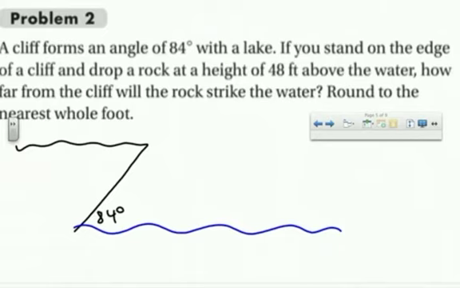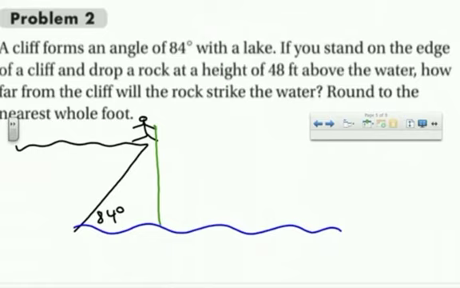And it says if I stand at the edge of the cliff, so here I am, standing at the edge of the cliff. Don't jump in the stalls. And I'm dropping a rock. And I would hope that you'd see the right triangle that's formed there.